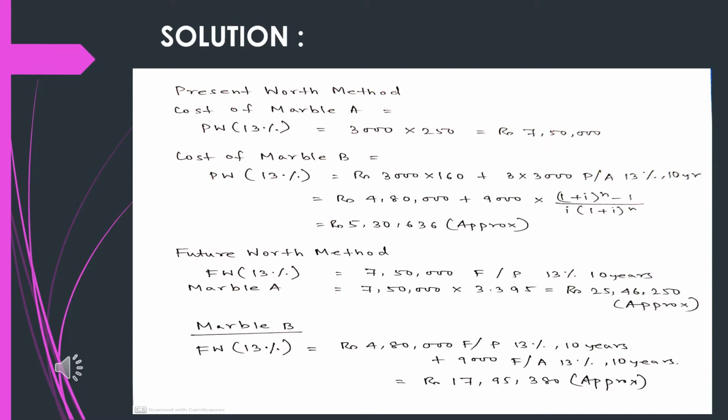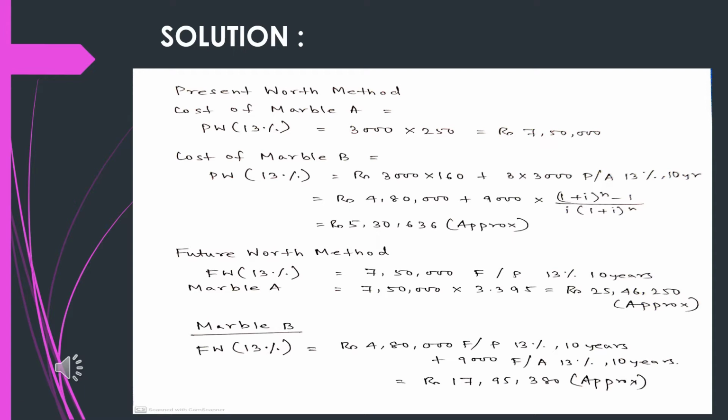For this sum, we have considered both the present worth as well as the future worth method so that we can easily understand that the result should not vary if we calculate the sum correctly.